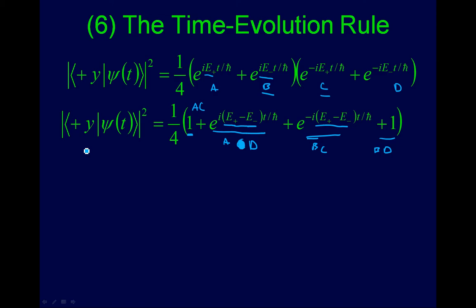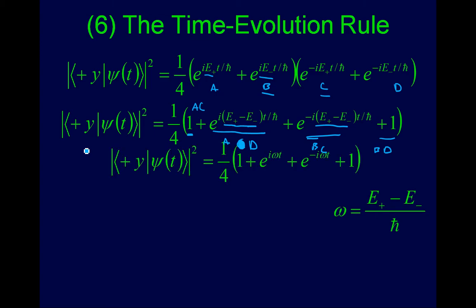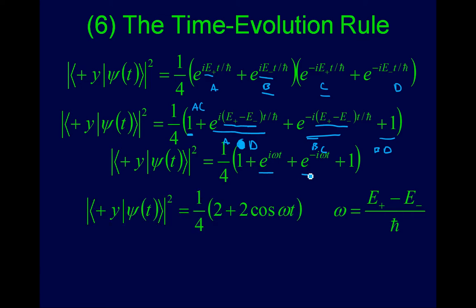Finally, this is the term B times D, where again those two exactly cancel out to give us 1. Then I make the substitution for omega that we hinted at in the beginning of the problem. So I get 1/4 times 1 plus, and this is just to clean these two pieces up; we can write them this way. We can add up the 1 and the 1, which gives me a 2, and then this little thing here is exactly equal to 2 cosine omega t.